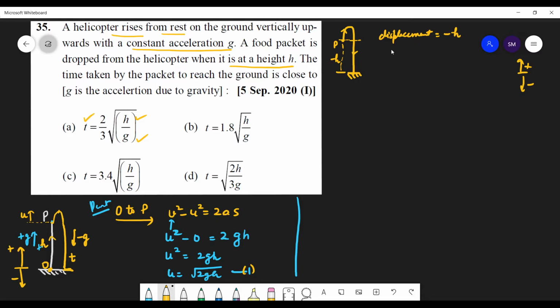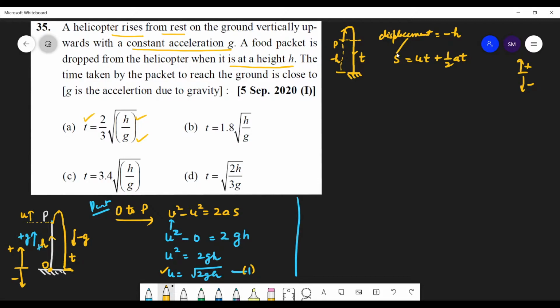Okay. Now what else? So total time taken is t, because we have to find t. So we need to bring t. Okay. And obviously we need to bring this u also here. So the equation connecting t and displacement, only one equation we have which is connecting this h and t. So that equation is s equals ut plus half at square.